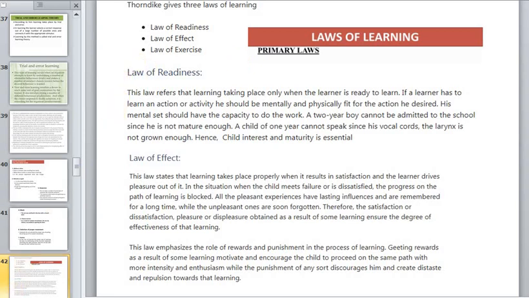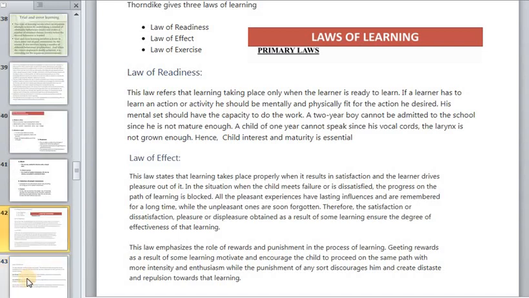This law states that learning takes place only when the learner is ready to learn. Law of effect. This law states that learning takes place properly when it results in satisfaction and the learner derives pleasure out of it.